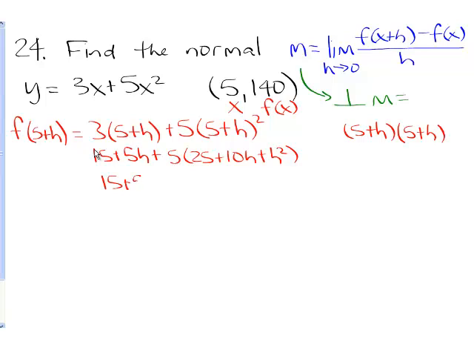So 15 plus 5h plus 125 plus 50h. Dang it, this should be a 3. 3h plus 50h plus 5h squared.